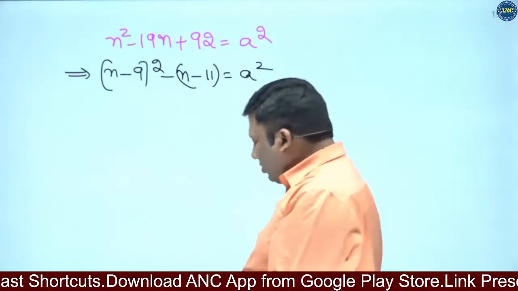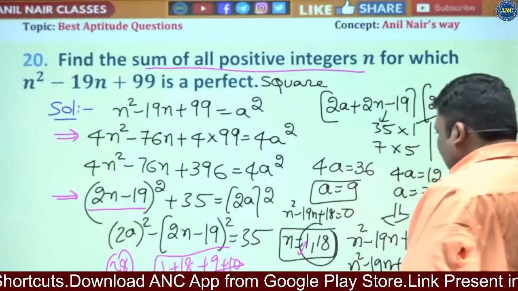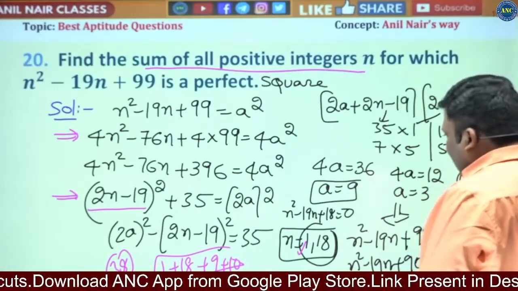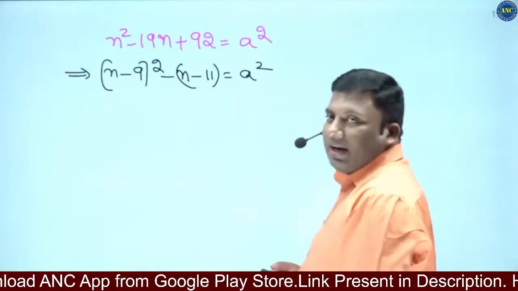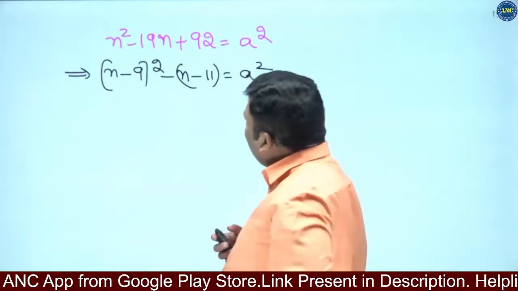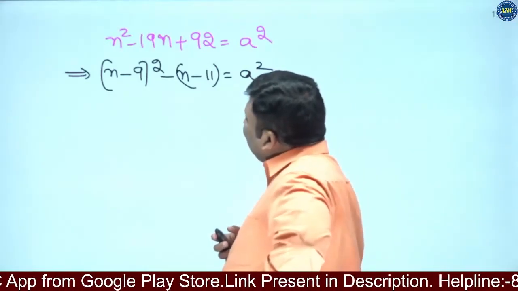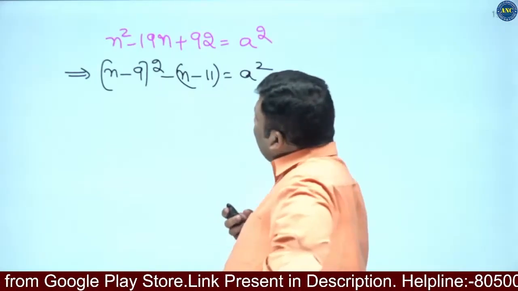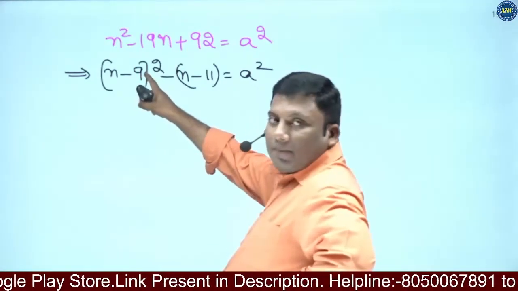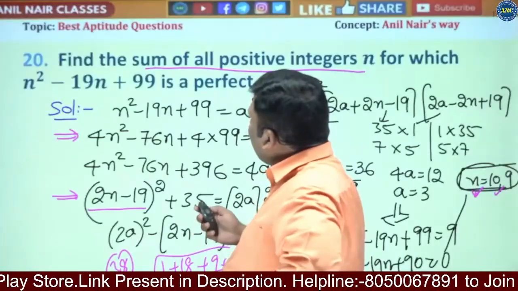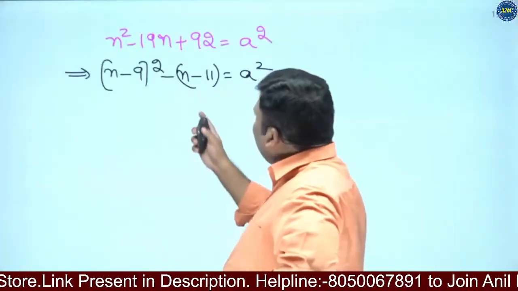Are you all with me? Suppose you see here, 10 and 9 and 1 and 18. So what we will do is, suppose (n minus 9) whole square, n square minus 18n plus 81, right?